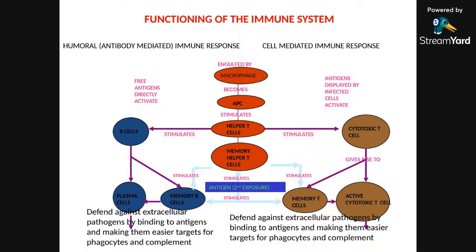The communication between B cells and T cells happens through chemicals, that is interleukins. Interleukins are secreted by the T cells and stimulate the B cells to produce the particular antibody.